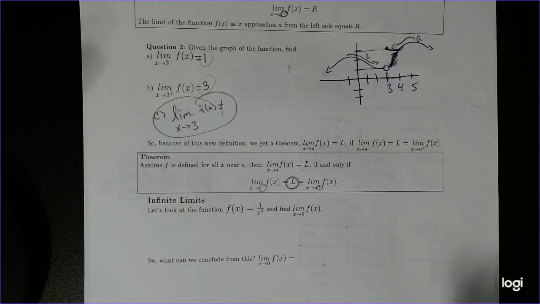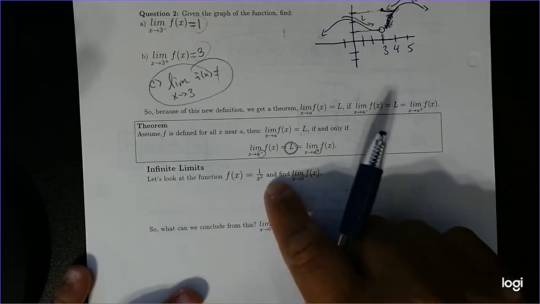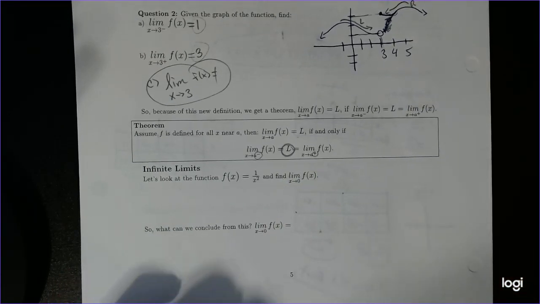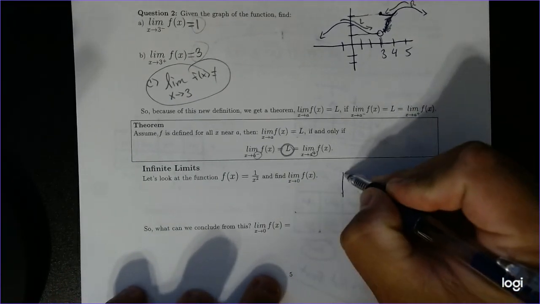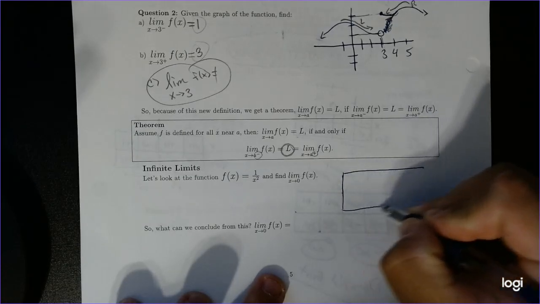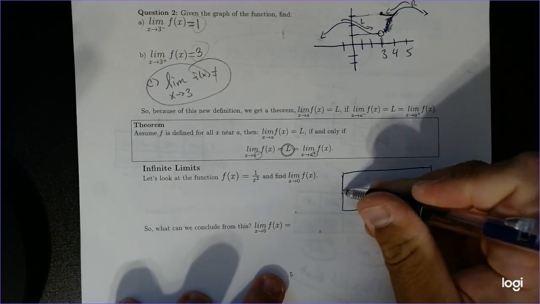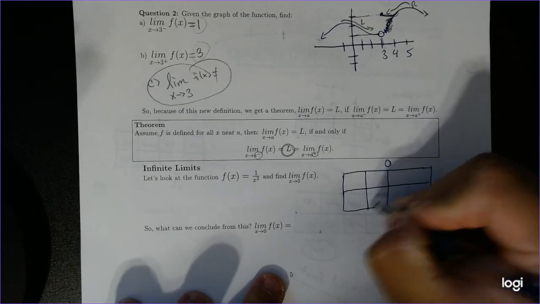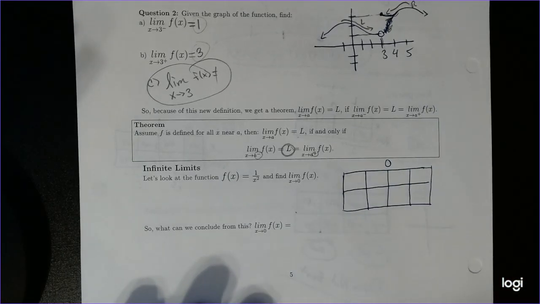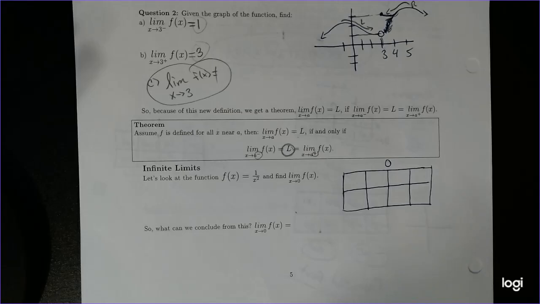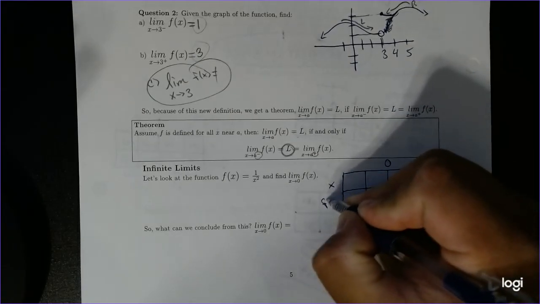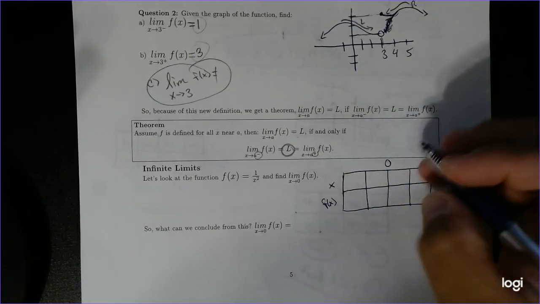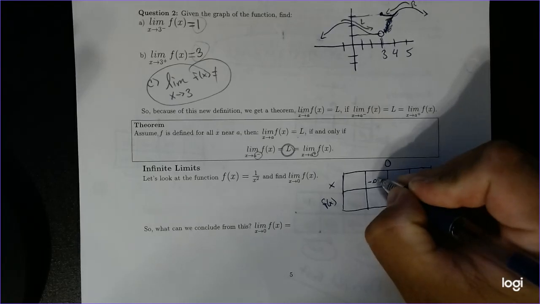Okay? So let's look at this situation here, 1 over x squared. Well, let's make a box. That's the only thing we know, because we're going to find the limit. We have 0 here. All right, and then we're going to plug in the x, f of x, and just like last time, we'll use the same ones as previously.